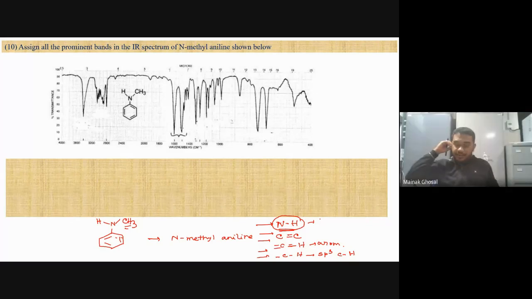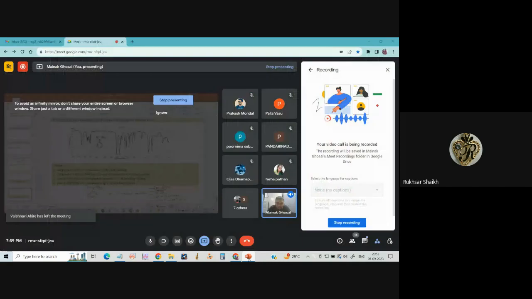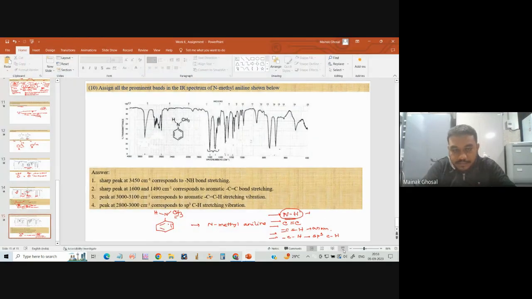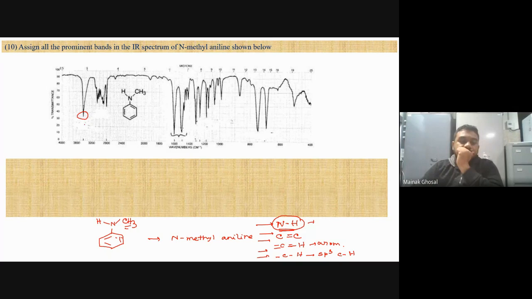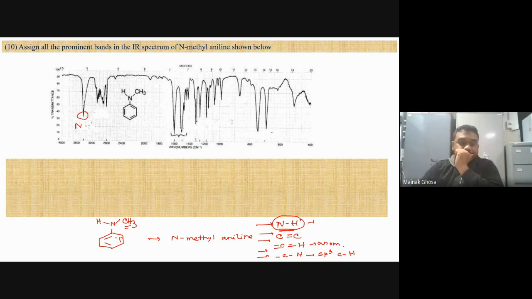Yes, it's the single medium peak coming beyond 3000, an indication of NH stretching of a secondary amine.